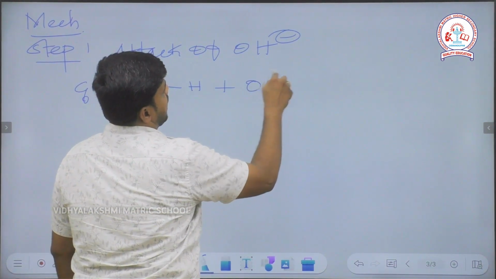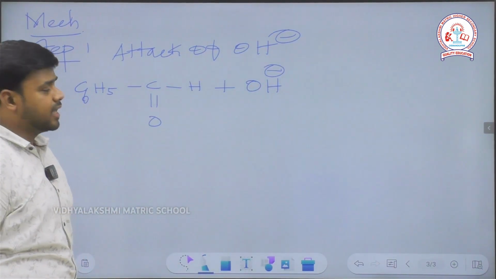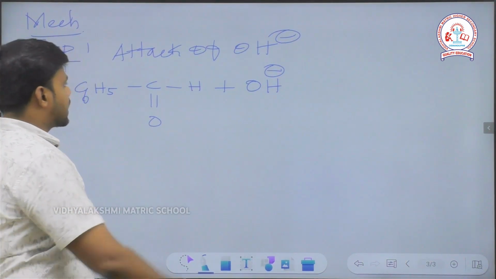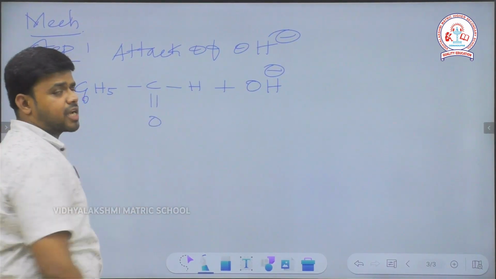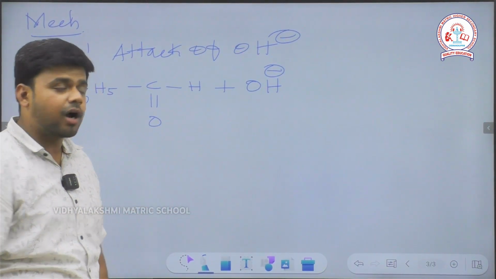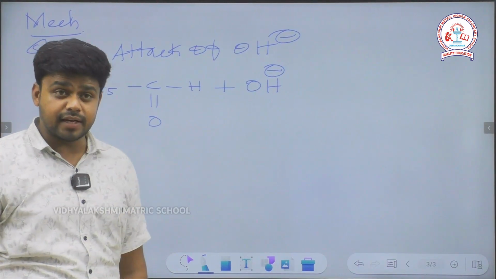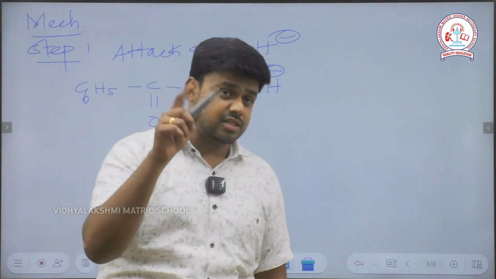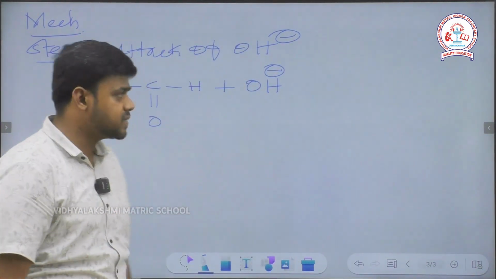When a base approaches this benzaldehyde, we know that the reaction takes place as a nucleophilic attack. Carbon will get a partial positive charge and oxygen will get a partial negative charge, because oxygen is more electronegative than carbon. So oxygen will take the electron of the carbon, thereby oxygen gets a partial negative charge and carbon gets a partial positive charge.